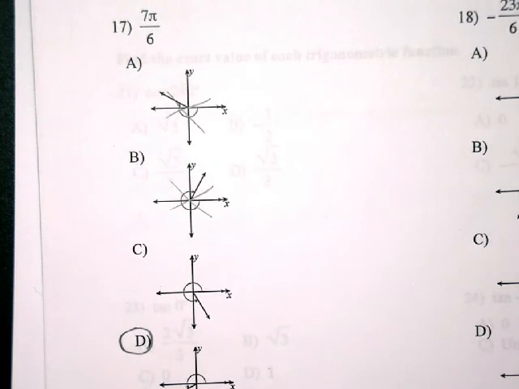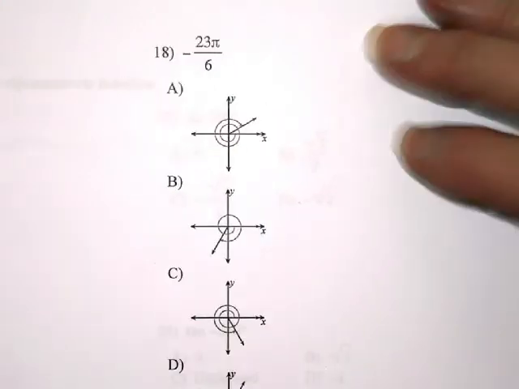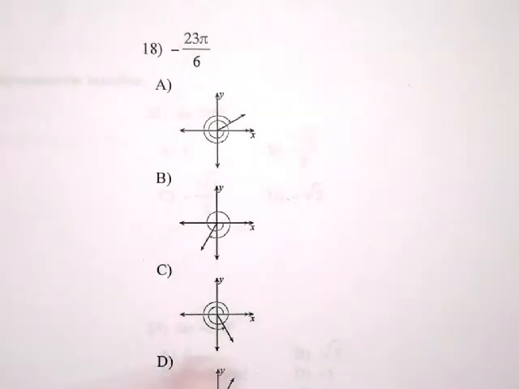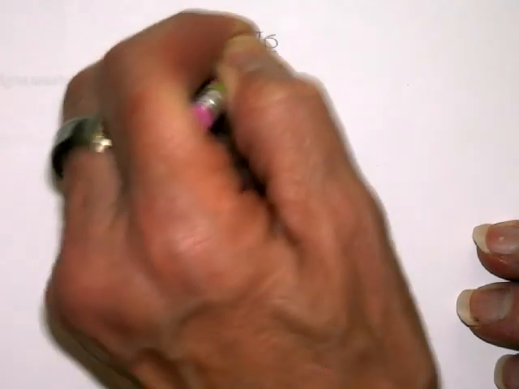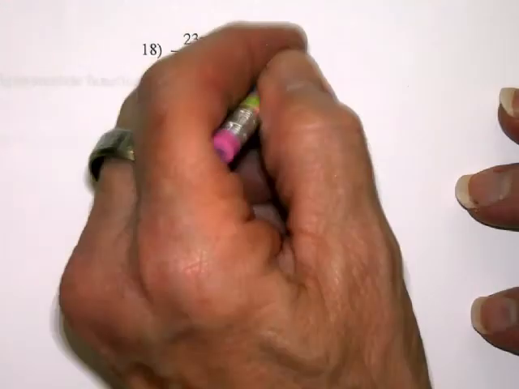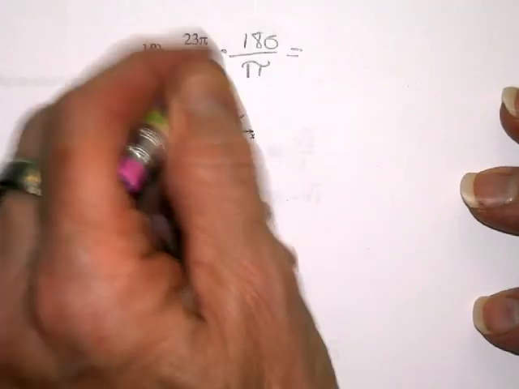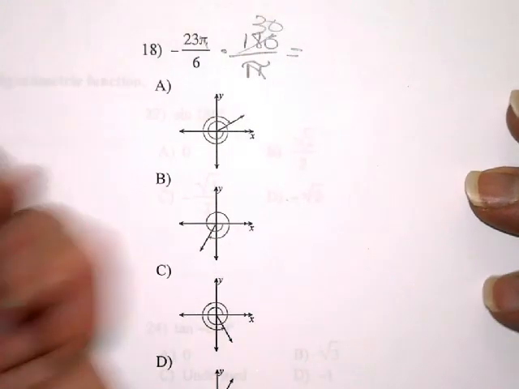But 18, probably going to change it to degrees because it's a negative and there's no negative angles marked on our unit circle. I messed up on this one this morning too, by trying to do rotations and stuff like that. So plan B. I'm going to change this. Remember how to change radians into degrees, right?